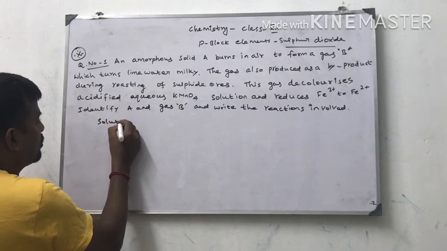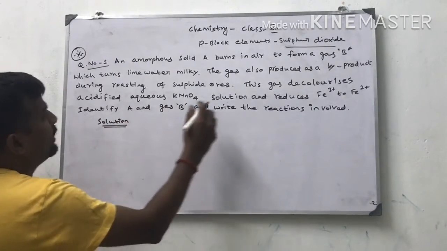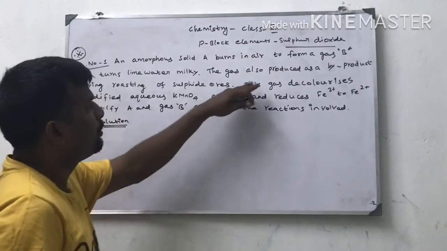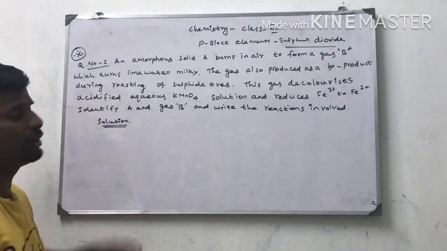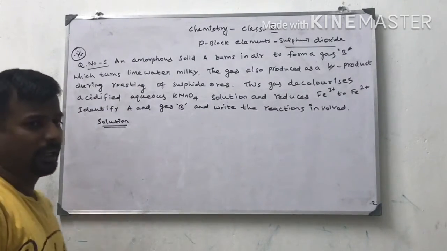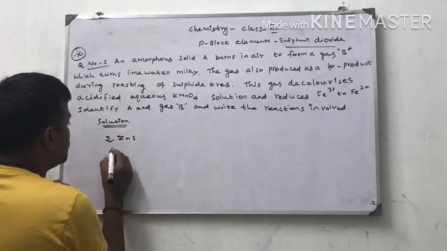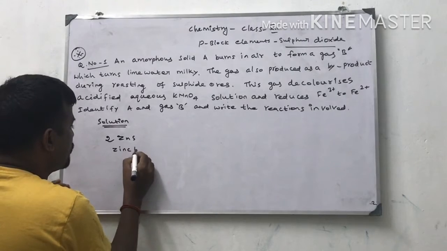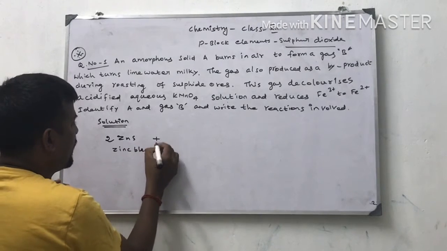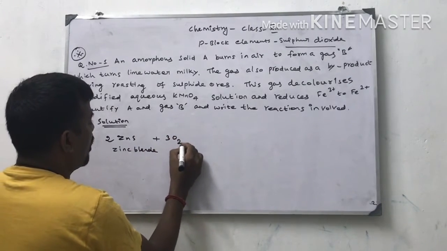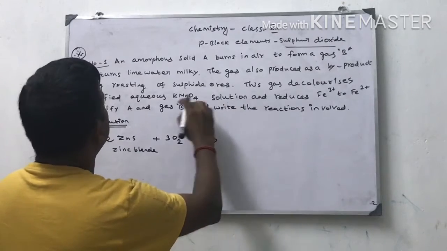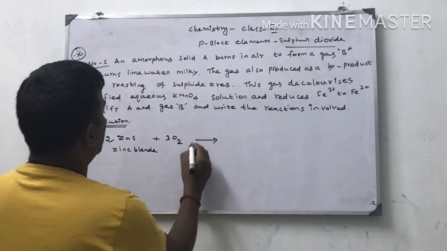Solution. Since gas B is a byproduct of roasting of sulfide ores, take one example of a sulfide ore, zinc sulfide, zinc blende, reacting with oxygen, burning in air. This is called roasting.